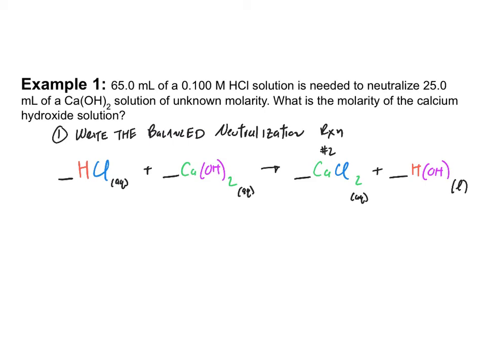So then what I'm going to have to do is balance this equation, and I see that I need to put a coefficient of 2 in front of the HCl, and I need to put a coefficient of 2 in front of the HOH, in front of my water, and so now that's balanced. So the other thing that is important to understand about these types of reactions, and this is something that's going to be new that you need to pay attention to, is that when a substance is neutralized, the moles of acid are equal to the moles of base.